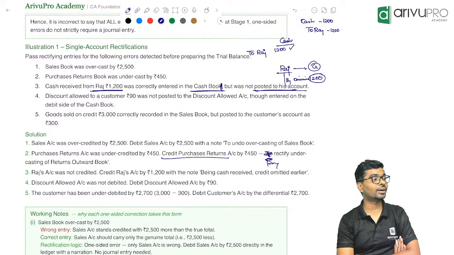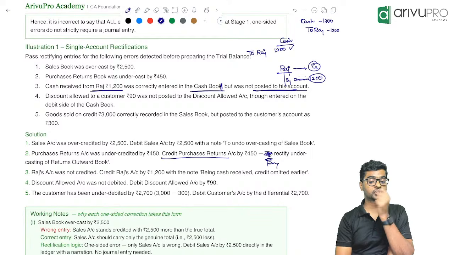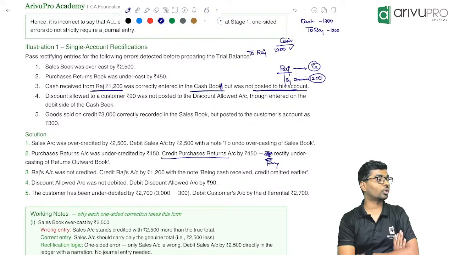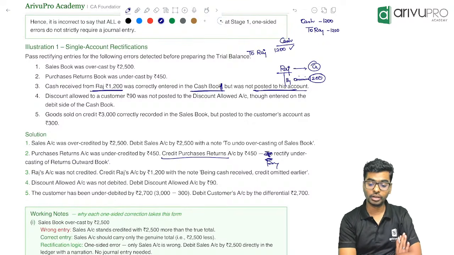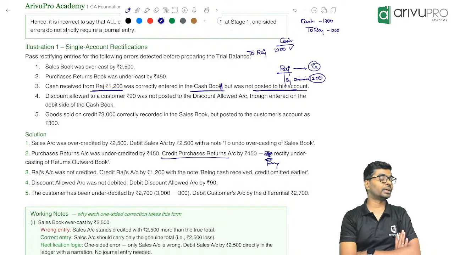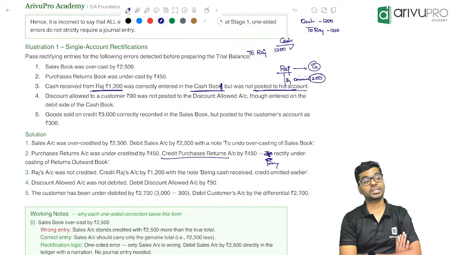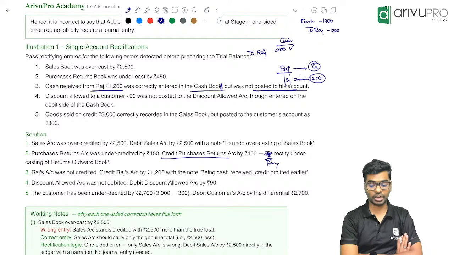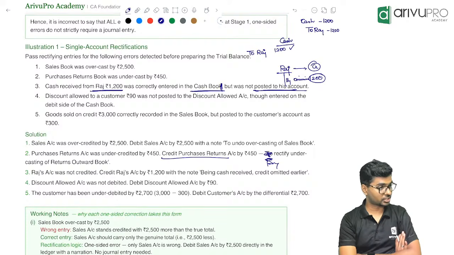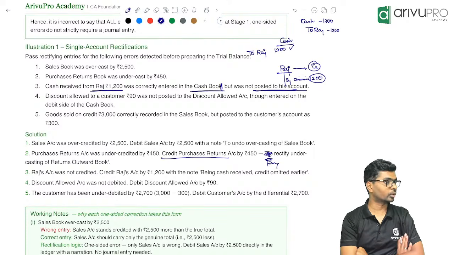Discount allowed was not posted to discount allowed account, though entered in the debit side of the cash book. What is the journal entry for discount allowed? Discount allowed account debited to cash.